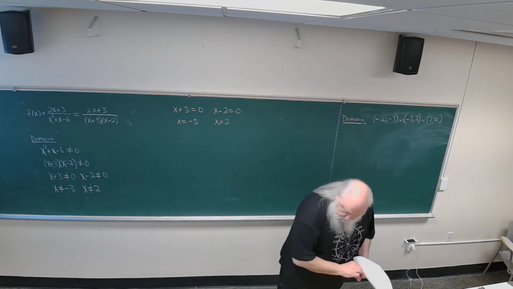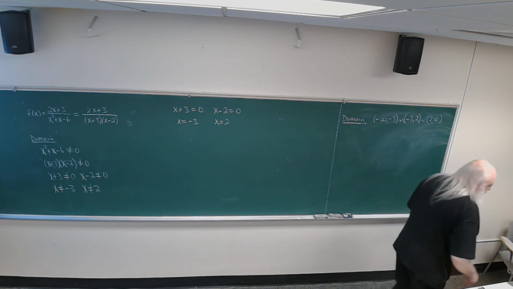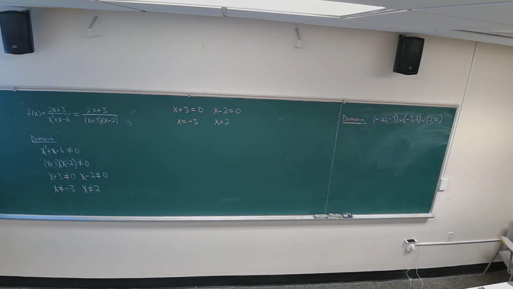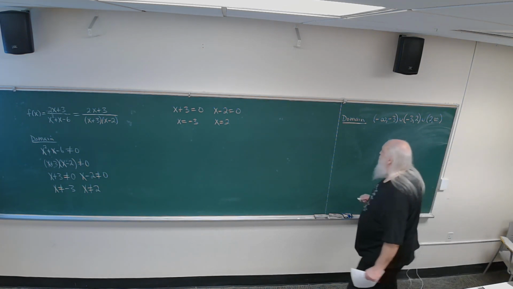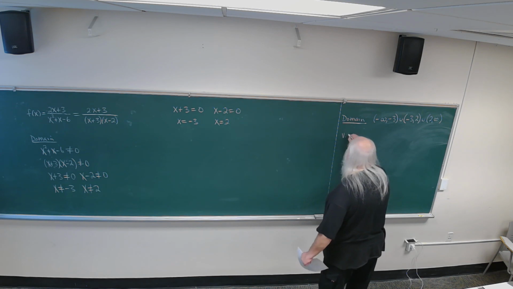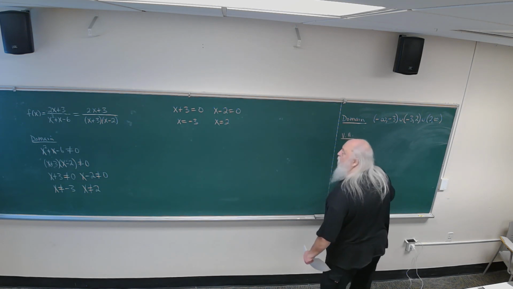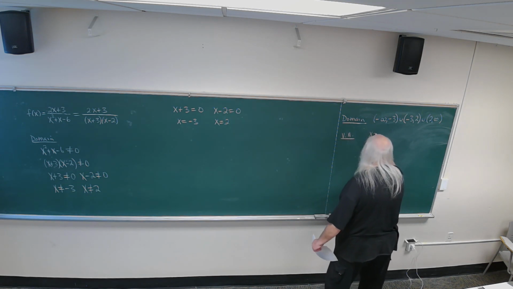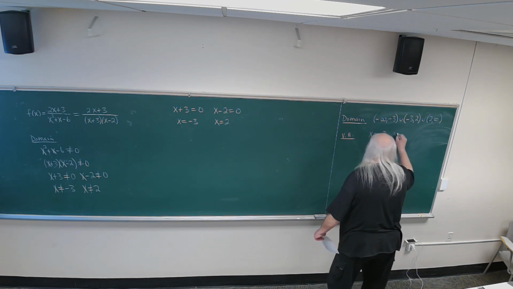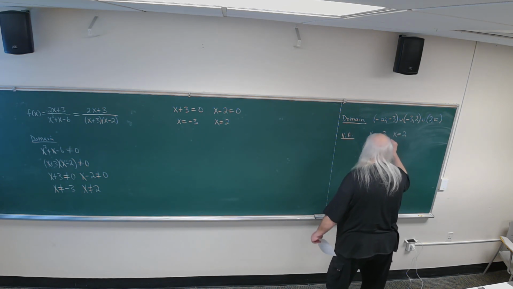So the equations of the two vertical asymptotes are the vertical lines x equals -3 and x equals 2.